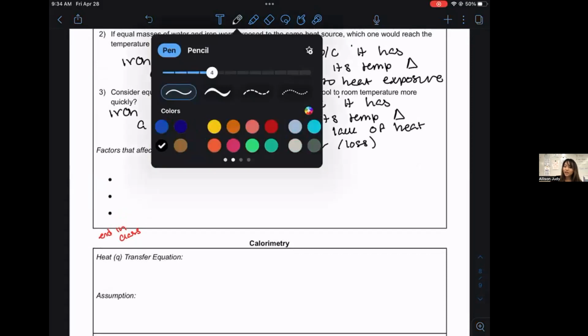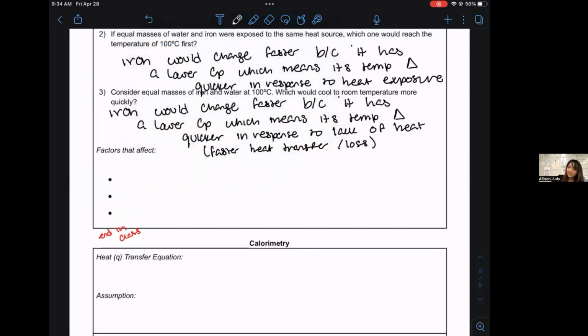So quickly, what are factors that affect heat capacity? Well, we know a couple already. One is the material itself, the nature of the material itself. That's the obvious one. Another thing that can affect specific heat capacity is the form, the state of matter. So for example, gas water has a different heat capacity than liquid water, and liquid water has a different heat capacity than solid water.